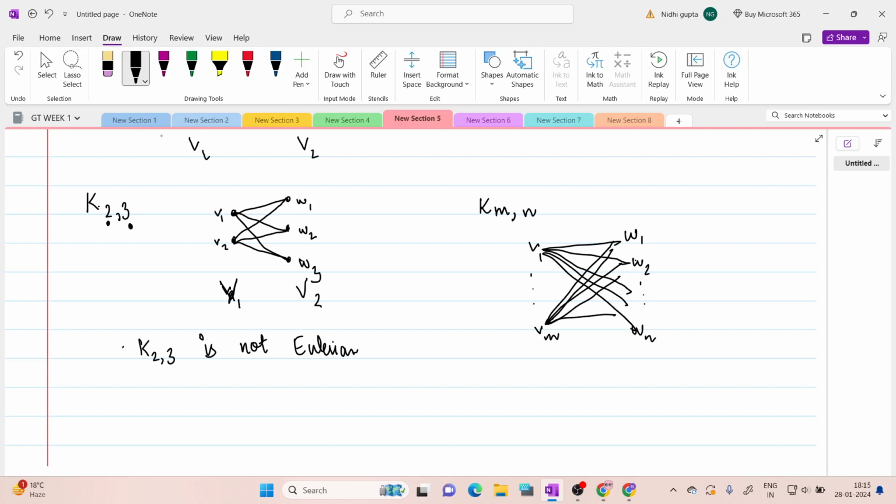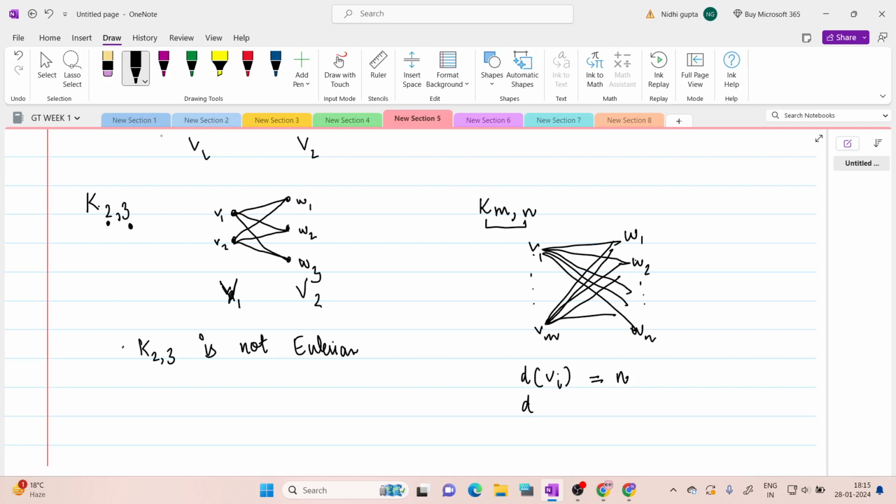Now if we have K_{m,n}, what is the degree of Vi in K_{m,n}? It is n, because each vertex is connected to all the vertices of the other set. So the degree of each Vi is n.